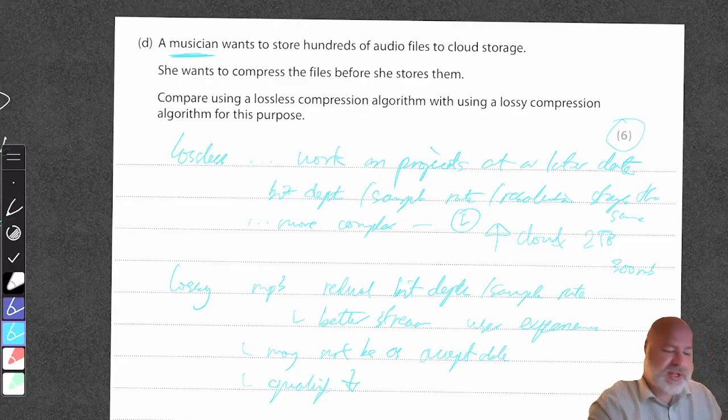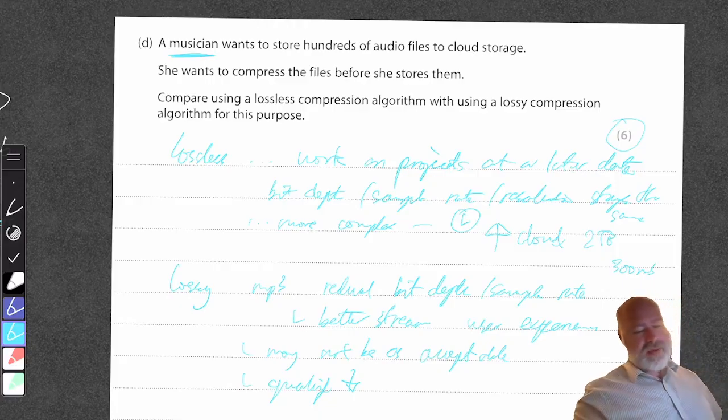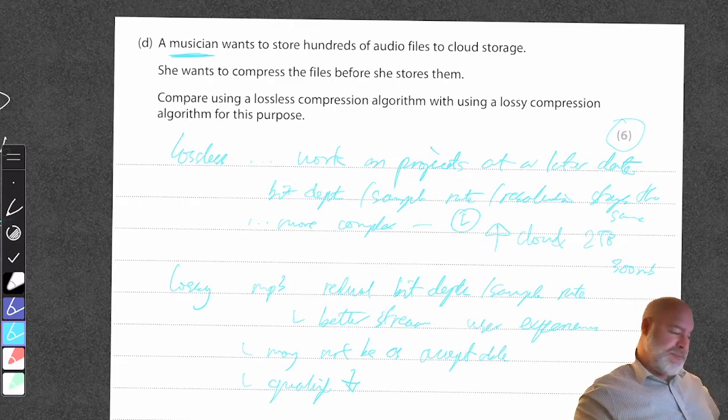I'm not going to write full sentences here, but I'm just giving you enough information to go on. And you could also say, depending on the compression amount, users might not hear the difference. I think that's enough for 6 marks. There'll be enough things to talk about for 6 marks there. Just think about how you use audio and streaming services like that.